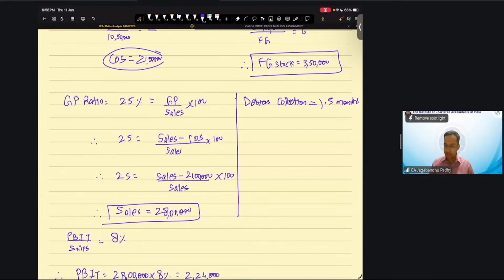Use both the sales and debtors collection period to get the value of debtors. First, remember, you need to get the value of debtors turnover.